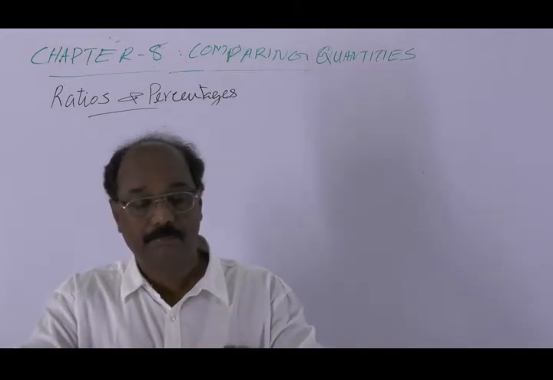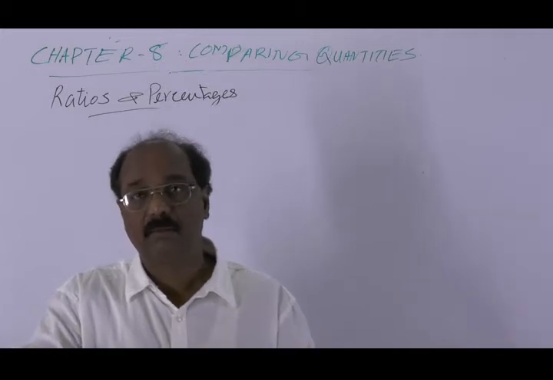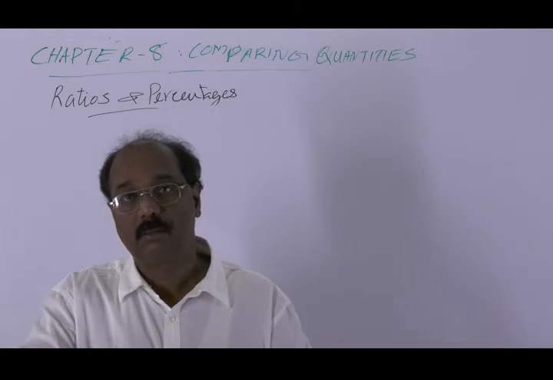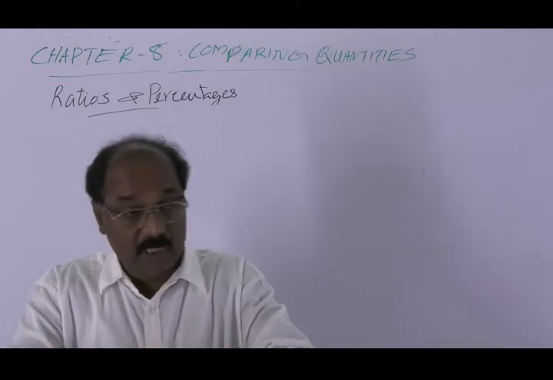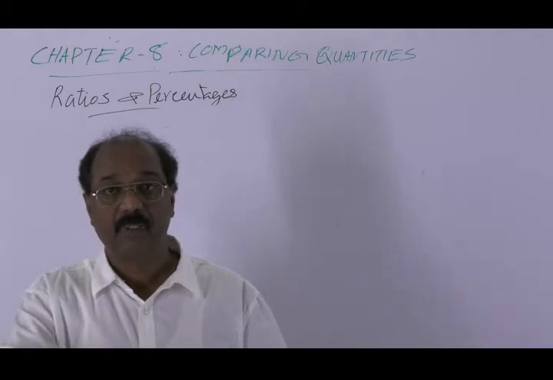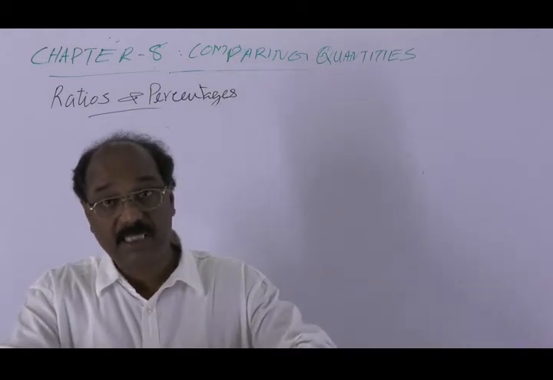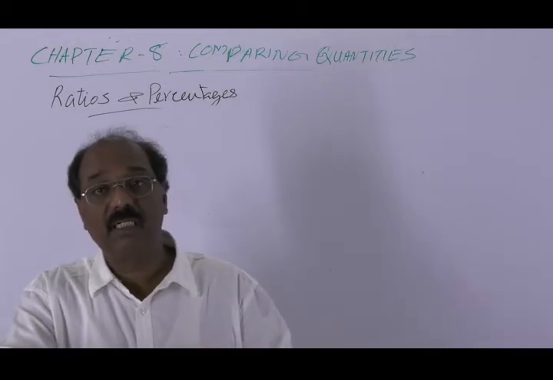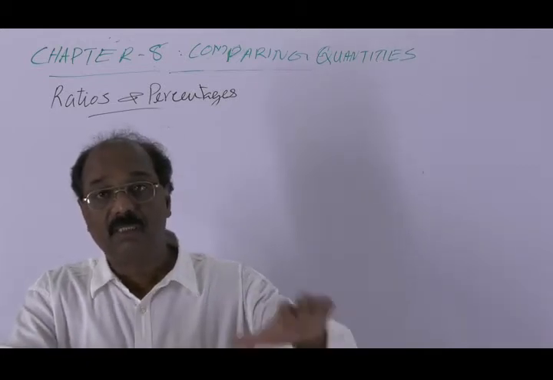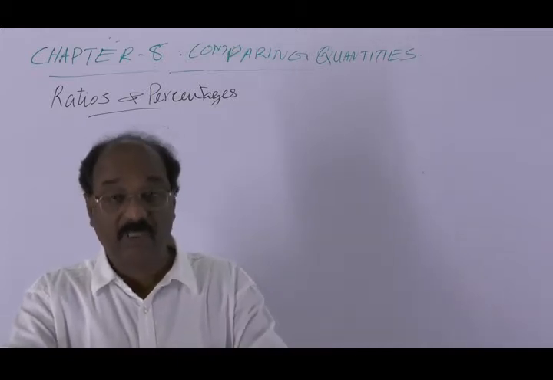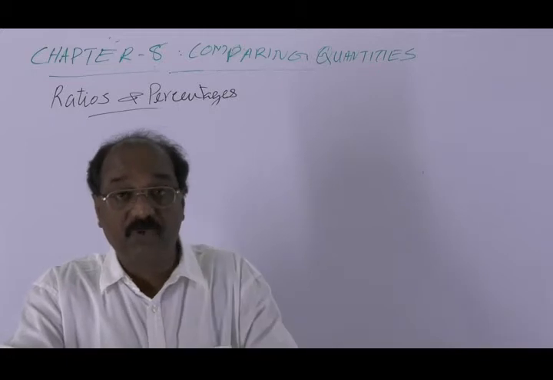Percentage is per cent. Cent means 100. So per 100. For 100, this much. That is percentage. If we are given the percentage, that is, per 100 this much, then we can have the idea of for 200 how much, for 300 how much, or for 50 how much.